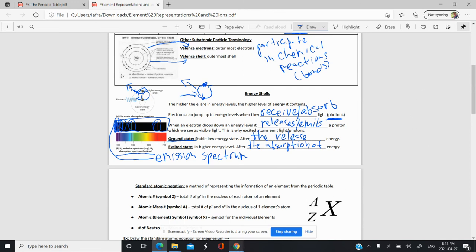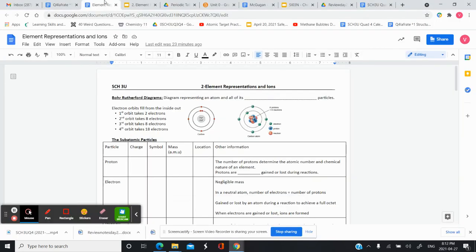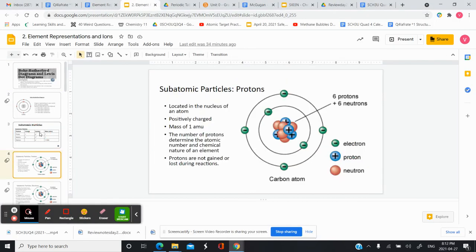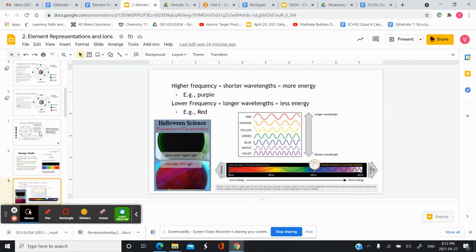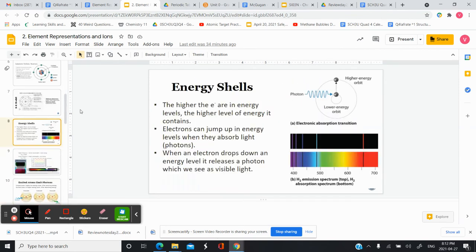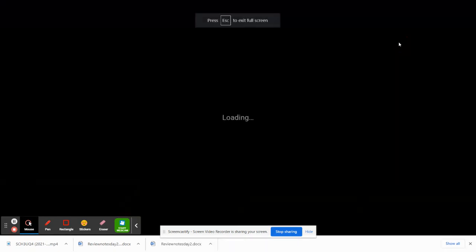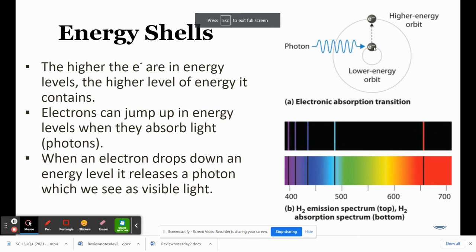Let's take a quick look at that in our little slide deck over here. So as you can see, we have an electron in its ground state, a photon hits it, it jumps up to a higher excited energy state.